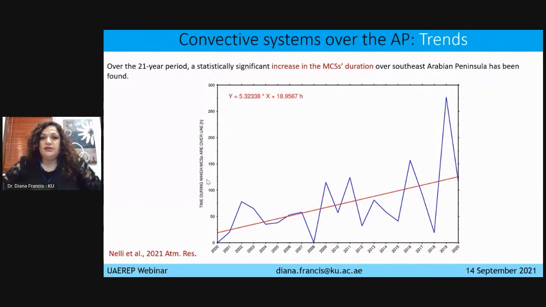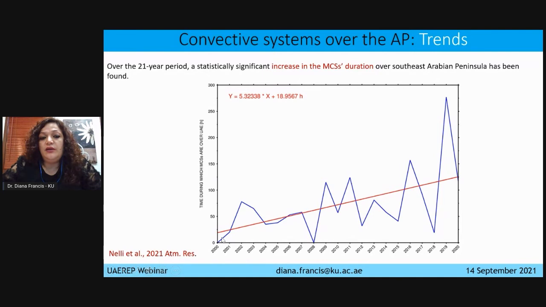So now, what are the trends in the extreme convective system over the Arabian Peninsula? These two slides are focused only on the spring rain, and it's again from the Nelly et al. 2021, which covered a period of 21 years.